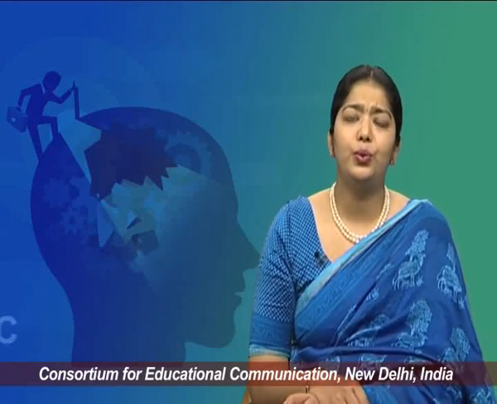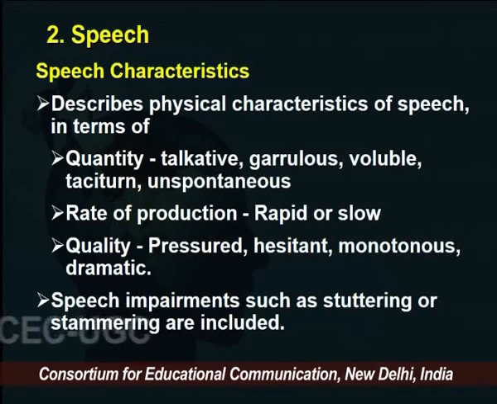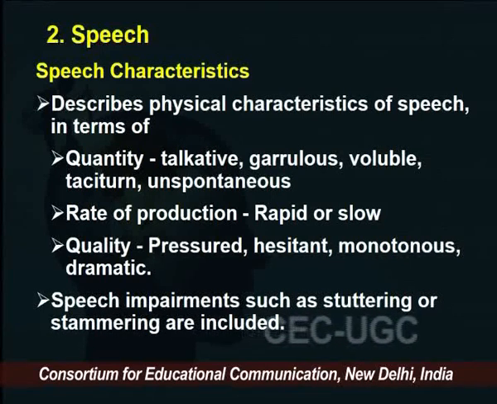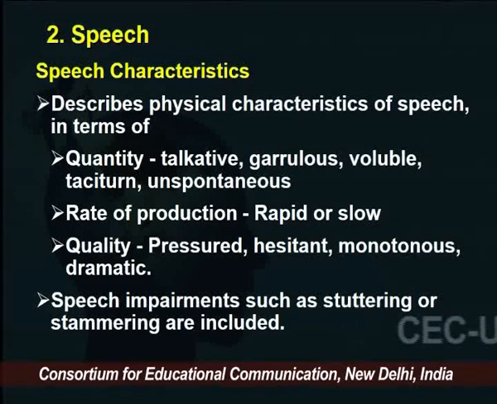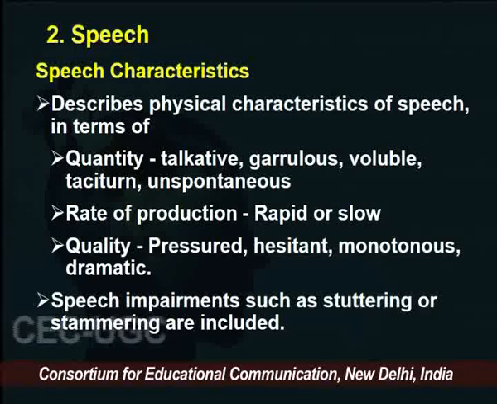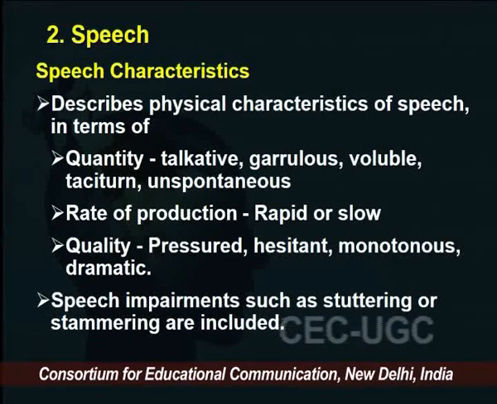Coming to speech, like I mentioned, there are certain concepts that we can look at, which is the quantity, if they are talkative, garrulous, voluble, unspontaneous. We also have to look at the rate of production.